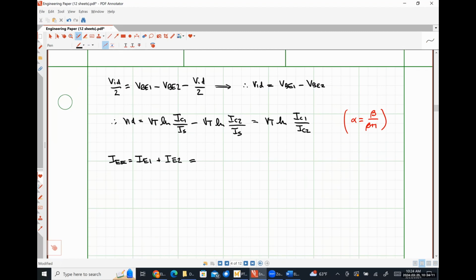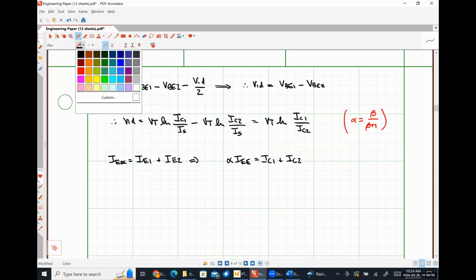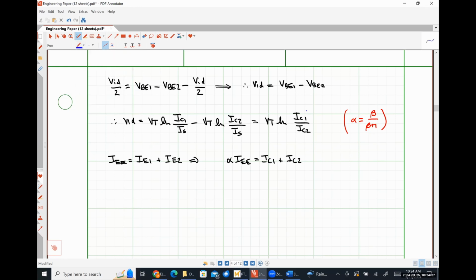I can rearrange this to say effectively that alpha IEE is equal to IC1 plus IC2. So I'm going to put some boxes around things.